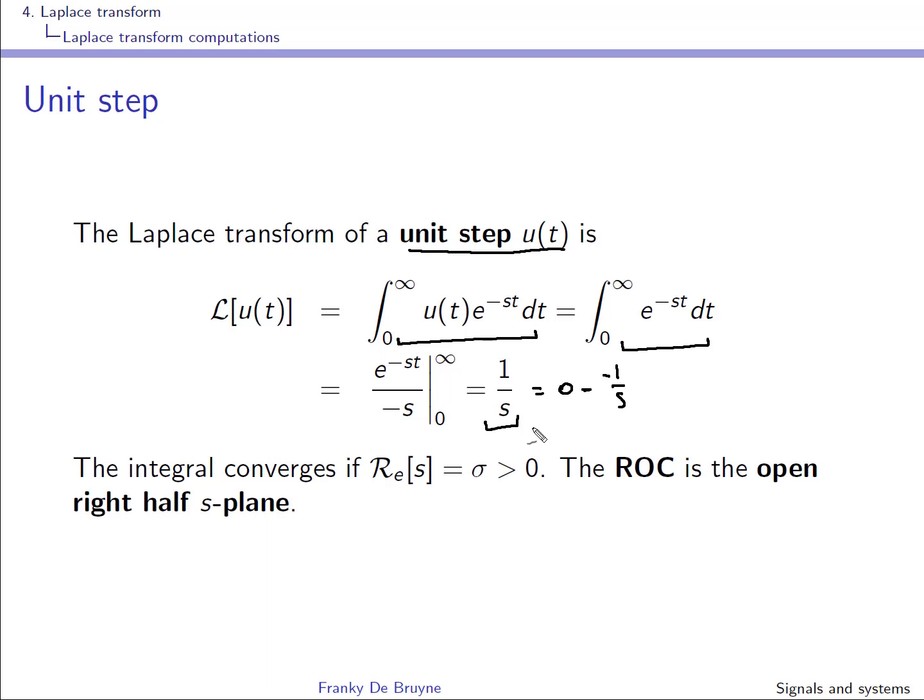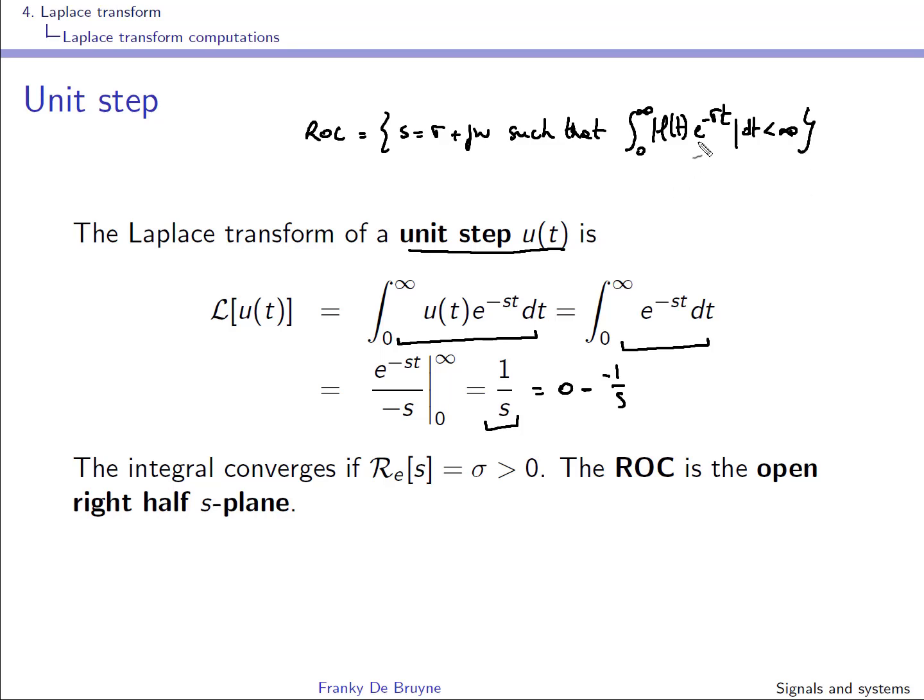The Laplace transform of a unit step is 1 over s, but we still have to look at the region of convergence. Remember that the region of convergence will be the s equals sigma plus j omega such that this integral from 0 to infinity of f of t e to the minus sigma t dt will converge.